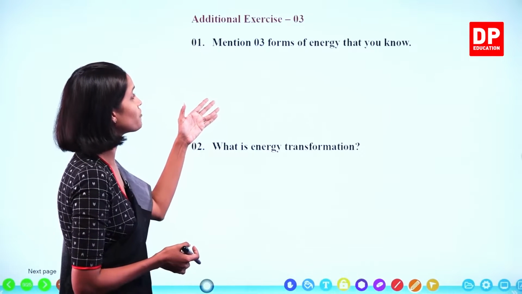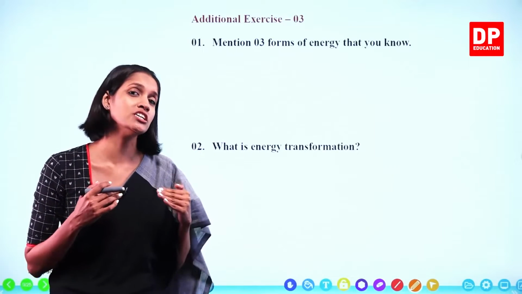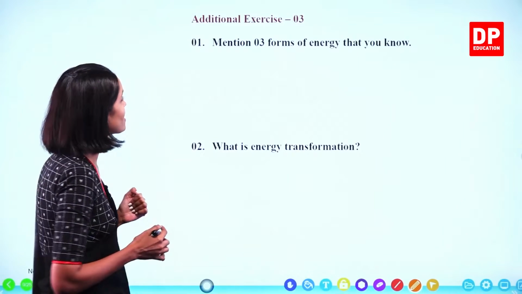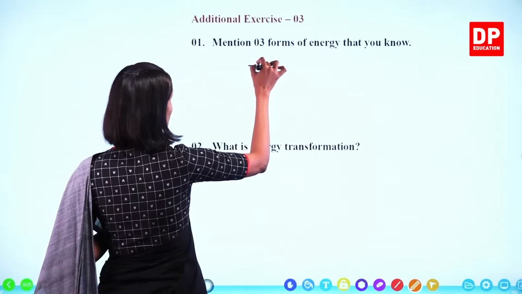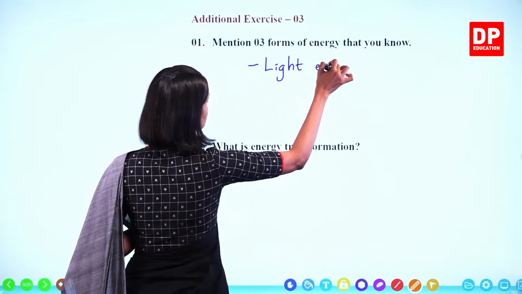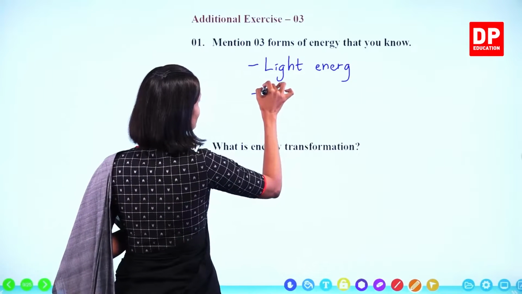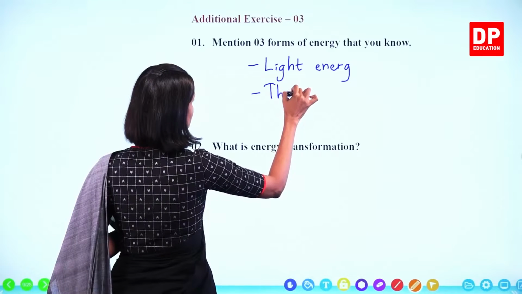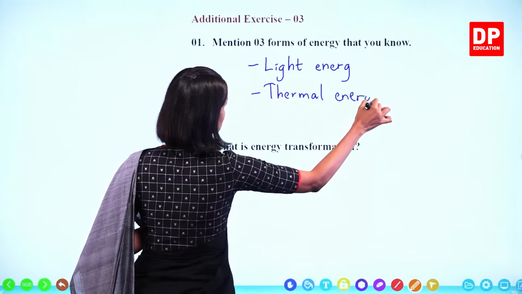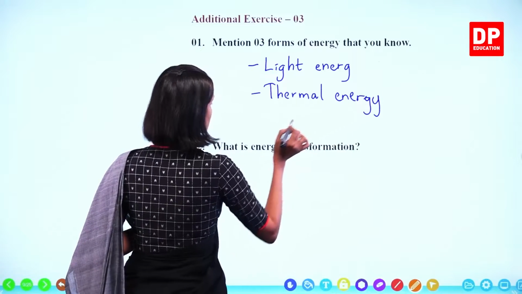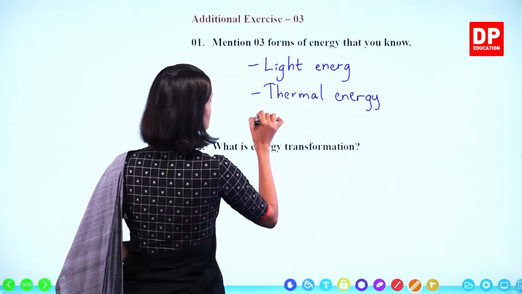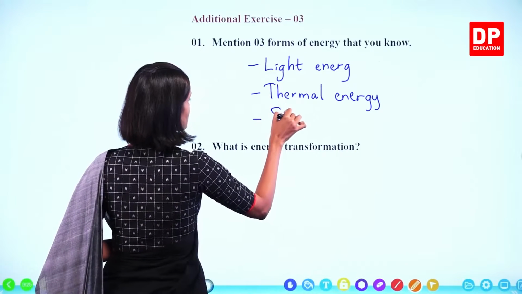Mention 3 forms of energy that you know. We know many types, or many forms, of energy now. Shall we write some of them? We can write light energy, thermal energy, sound energy.